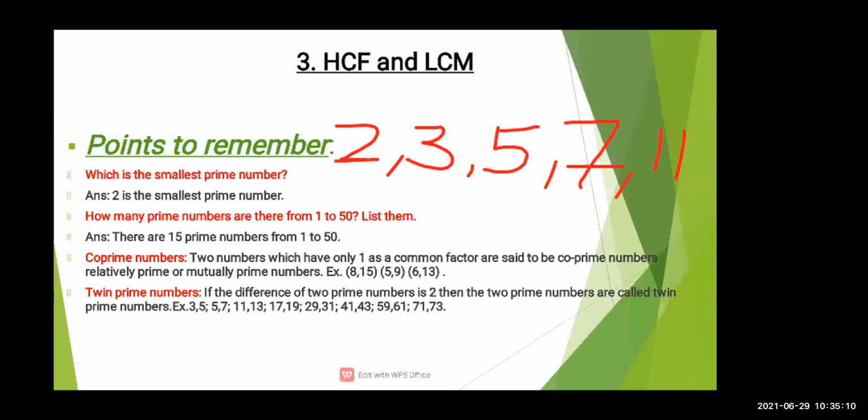So ऐसे बहुत सारे टेबल्स में आया. So that is not a prime number. Whenever 2, 3, 4 more numbers are coming, that is called a composite number. So today, we are learning about prime numbers.